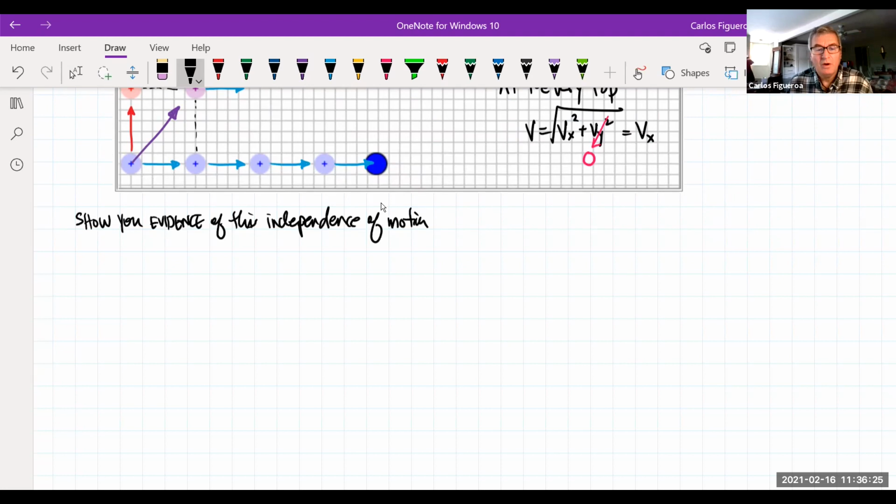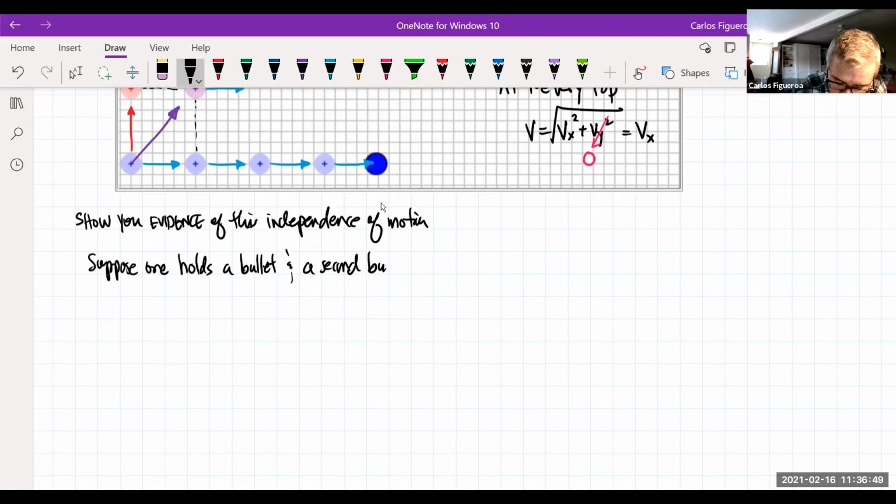Okay, and so the first one here is really a very, very famous one, is that essentially imagine that you're holding a bullet. So suppose one holds a bullet and a second bullet is shot from a gun.